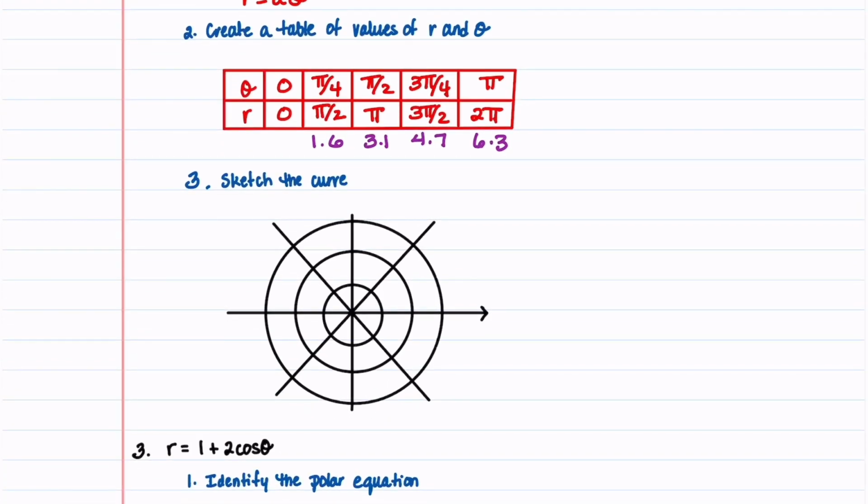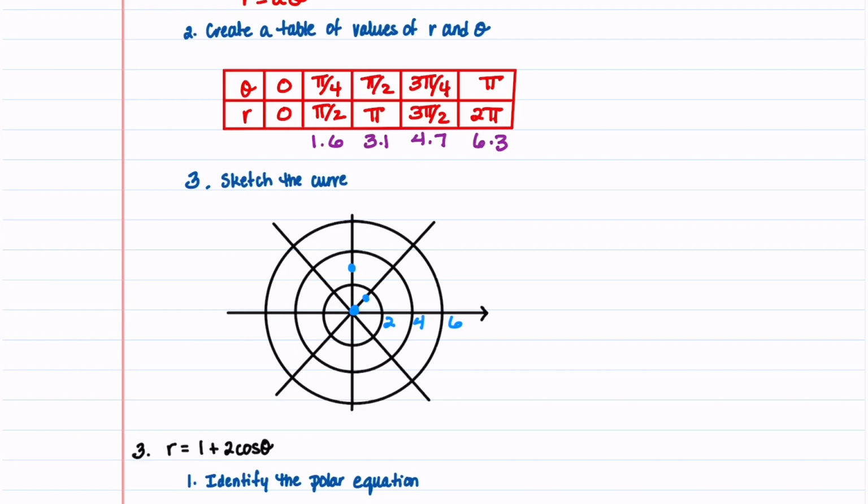Let's now sketch the curve. Our values go from about 0 to 6. So let's let our first circle be 2 and then we'll go 4, and then we'll go up to 6. When theta is 0, r is 0. When theta is pi over 4, we're at 1.6. When theta is pi over 2, we're up to 3.